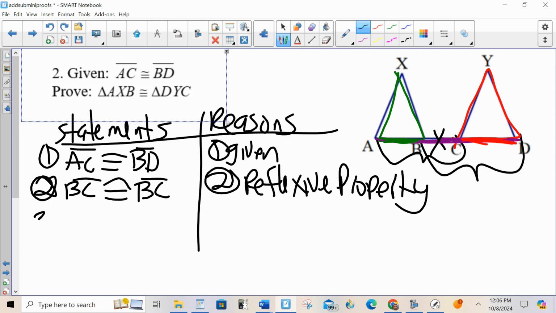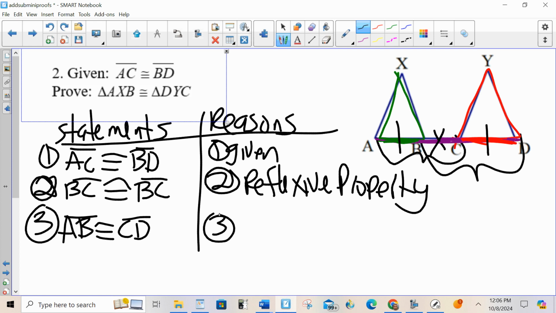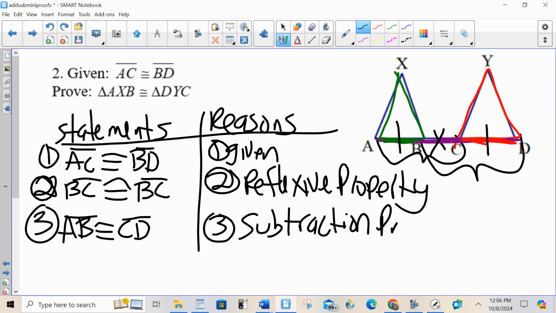And now that I have reflexive property, if I subtract those, I get what I want, which is AB and CD. How did I get those? Subtraction property. And I need to see the subtraction.